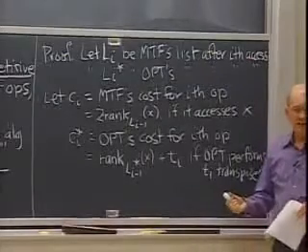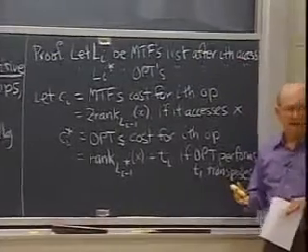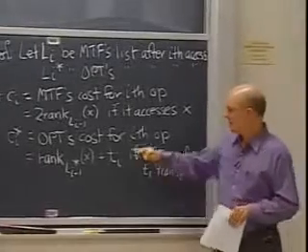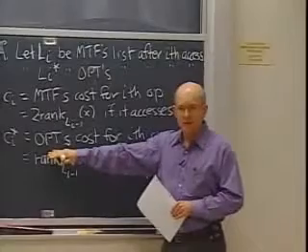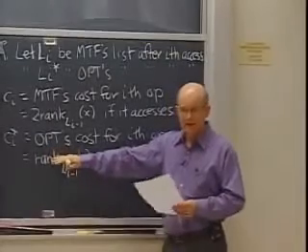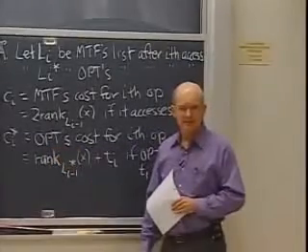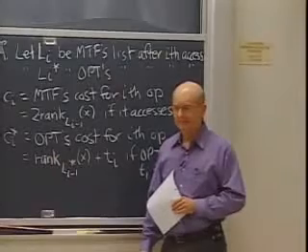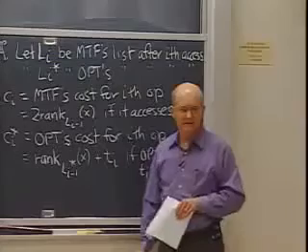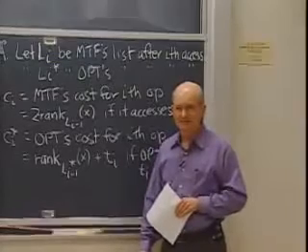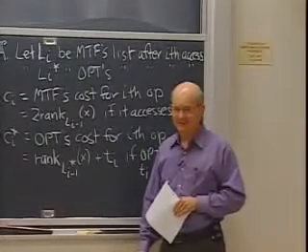And what we're interested in is comparing MTF's list with OPT's list at any point in time. How do you think we're going to do that? What technique do you think we should use to compare these two lists? A general technique from last lecture.